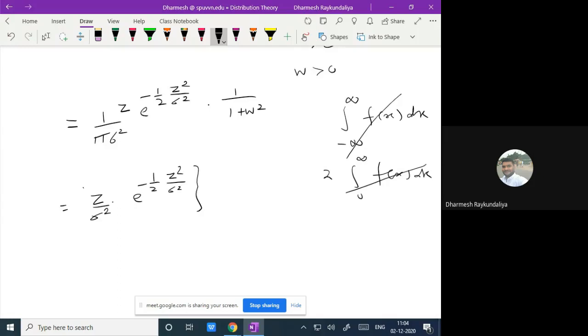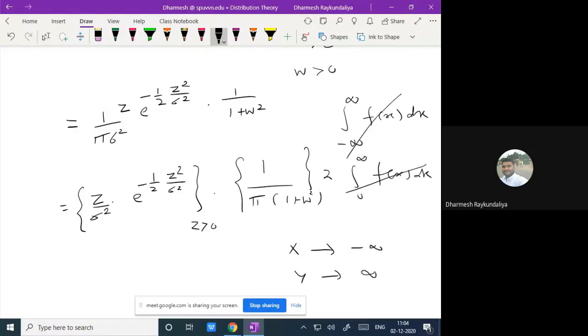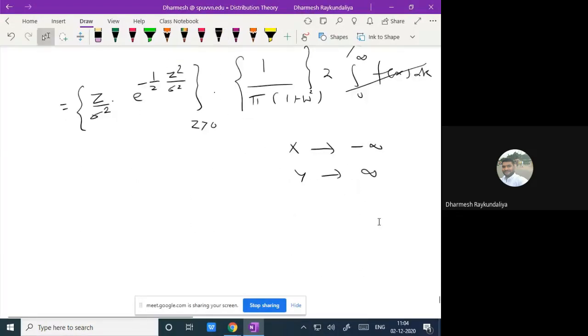This is one density, for z greater than 0, into another density, 1 upon pi into 1 plus w square. Okay, now we will see that if x is minus infinity and y is minus infinity, then what is w?